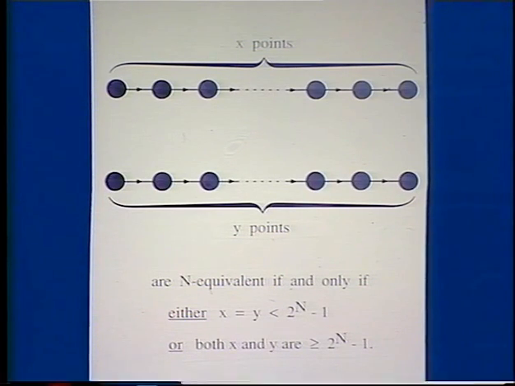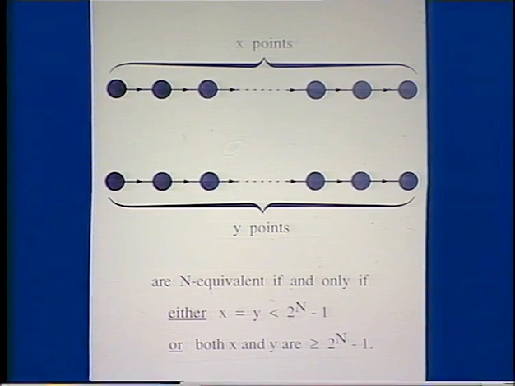For beadings that consist only of black beads, there's a quite simple formula, which I give you here. For any positive number n, 2 finite beadings with only black beads are n equivalent if and only if either they have the same length, the same number of beads, and that number is less than 2 to the n minus 1, or both the beadings have at least 2 to the n minus 1 beads in them.